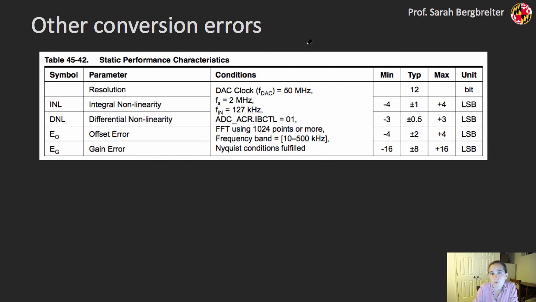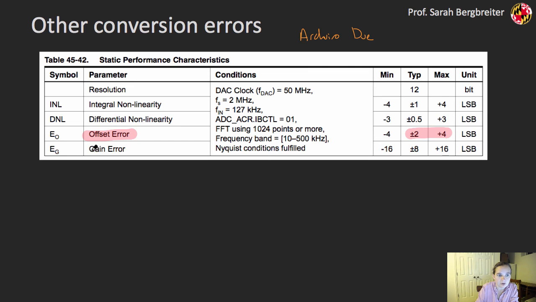And to get some sense of what kind of magnitude those errors might have, this is from the datasheet for the microcontroller that's on the Arduino DWE. And I can look at my various errors here. So my offset error right here is going to be typically plus or minus 2 of those least significant bits, and at maximum, plus or minus 4 LSB, which is not trivial.